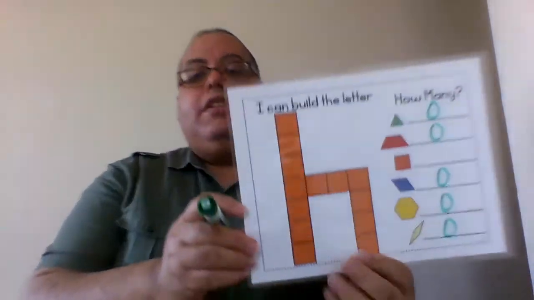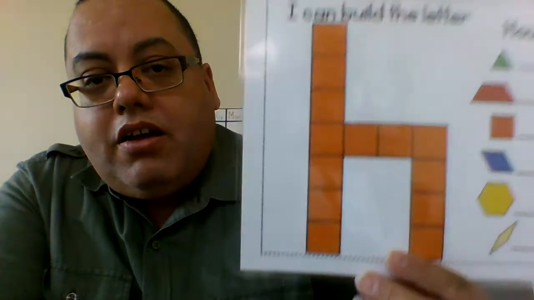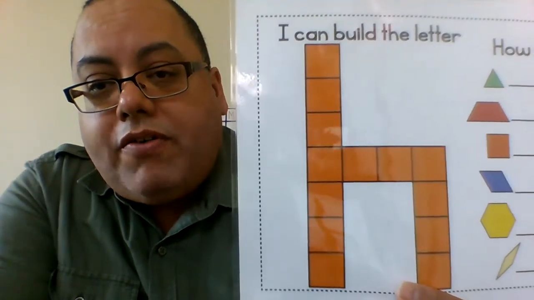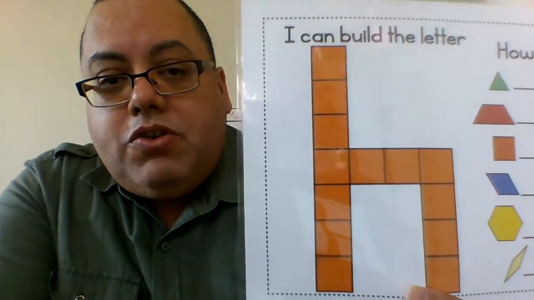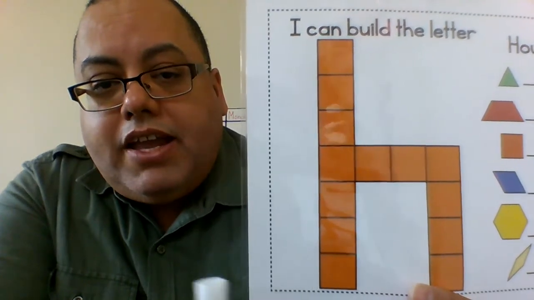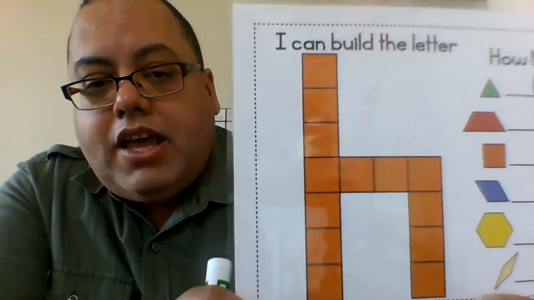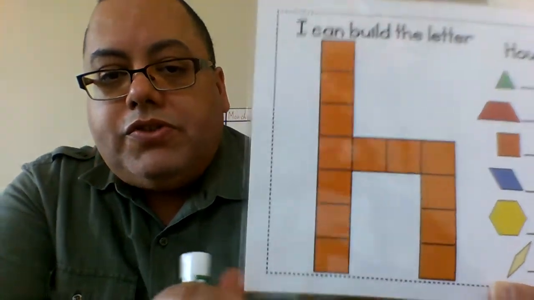So I'm going to put 0 on all of those shapes. But what's really interesting here is that all of the letter shape of the H is orange squares. So you have to look very carefully and tell me how many do you see.